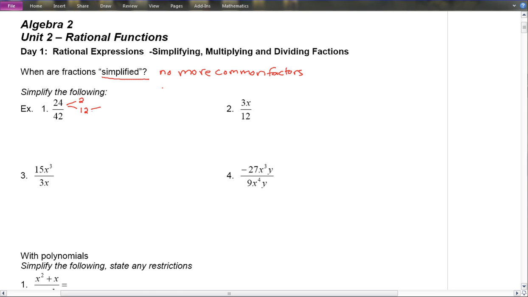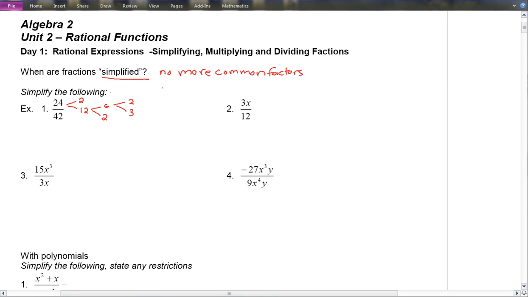Hopefully some of you are already thinking 12 is 6 and 2. And what's 6? 6 is 2 and 3. So we were able to split up 24 into 2, 2, 3, and 2, and those are all the factors.